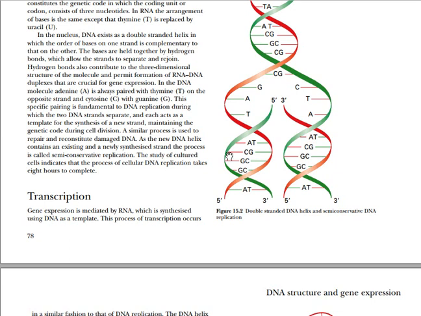So the template strand is read from 3' to 5', while the new strand that is replicated is built 5' to 3', in order to produce a complementary pair. Are you understanding?